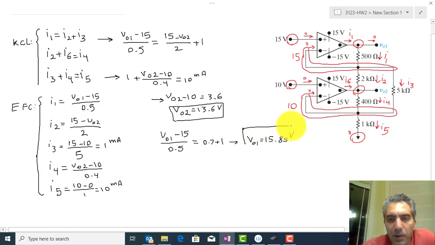Now with these two values, I can put them back into these equations for components and calculate all the remaining current values that are unknown. I'm going to leave that to you. Hope this has been helpful, and thank you for your attention.